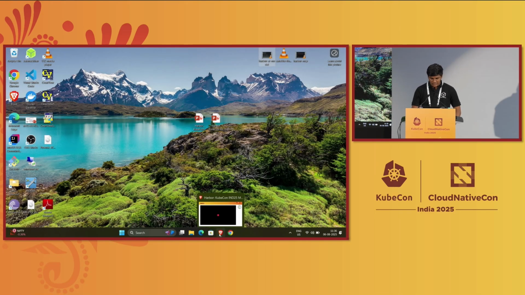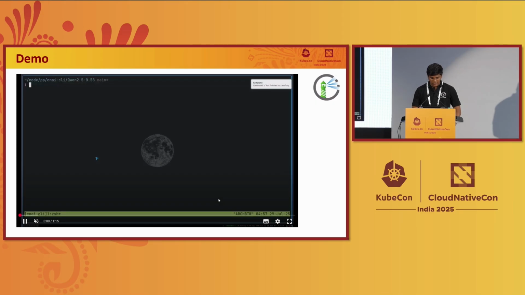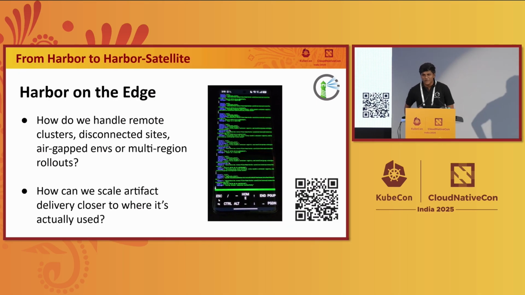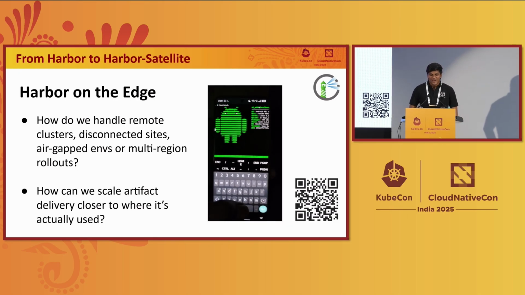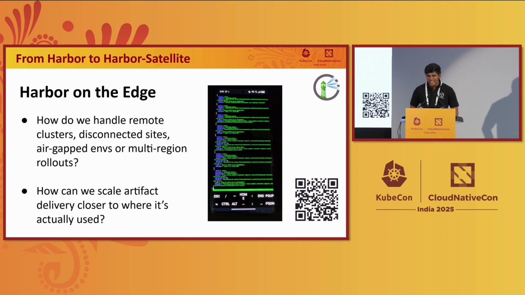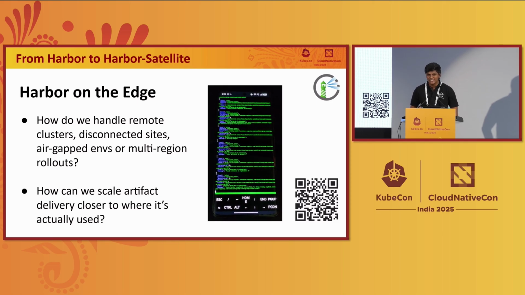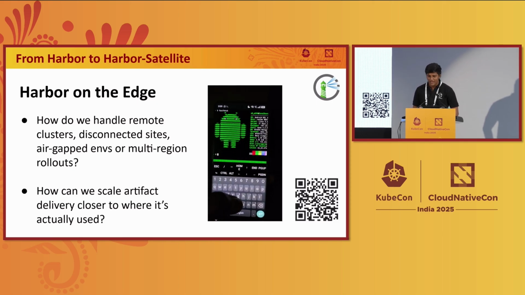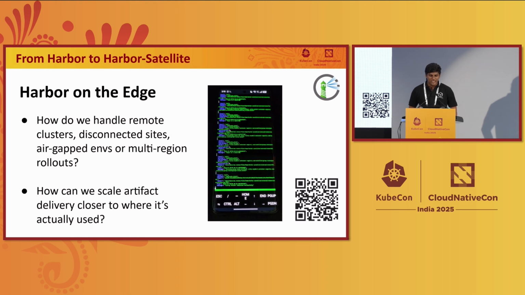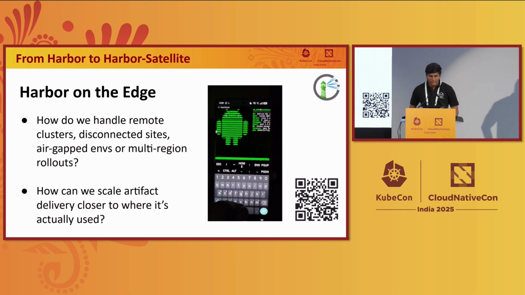Now let's move on to the interesting topic, which is Harbor on IoT and Edge. So this is Harbor Satellite, a sub-project of Harbor, which I am one of the contributors and maintaining it.